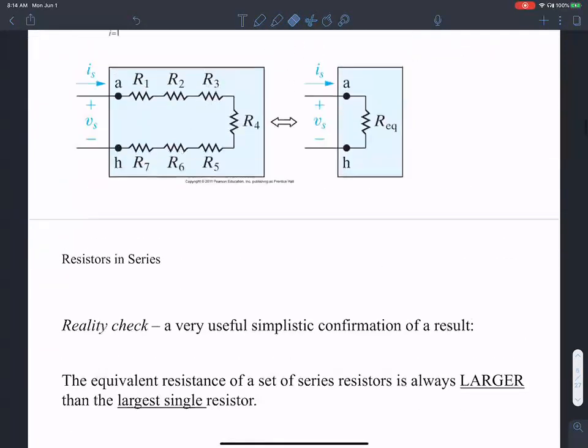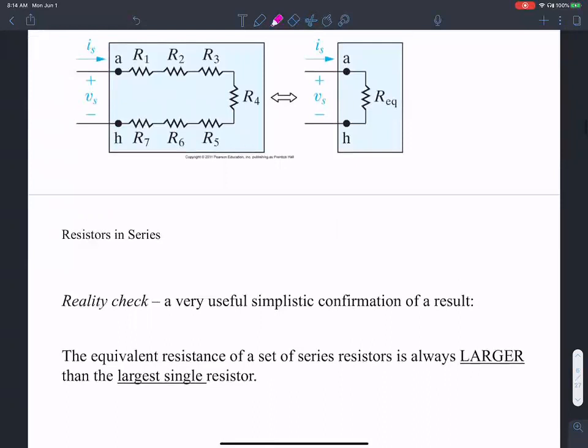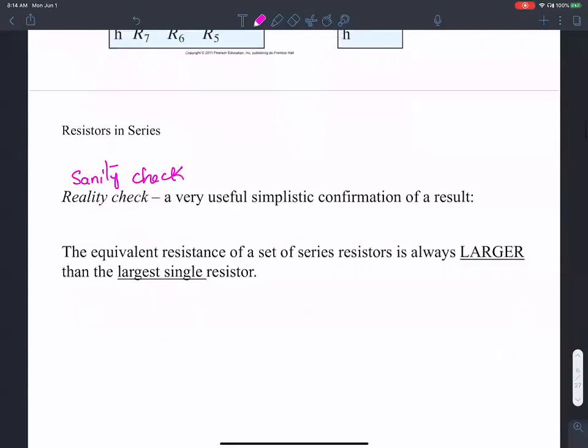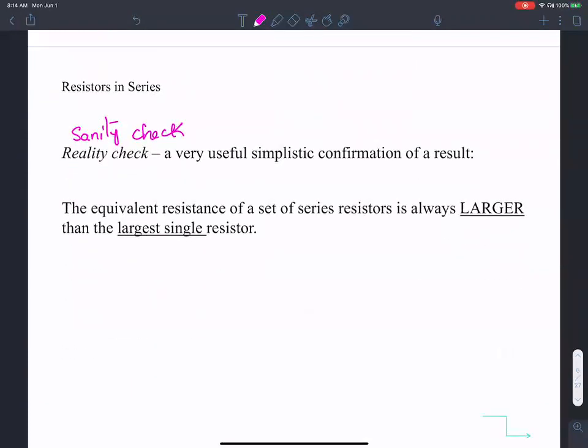Then one quick sanity check. It's a very crude sanity check, but a quick way to see if you're at least in the ballpark.